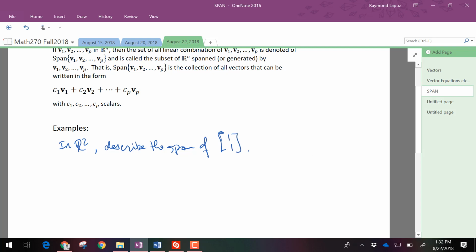So let's take a look at a span of only one vector. And for simplicity's sake, let's take a look at the span of only one vector in R2. And let's pick a nice easy vector like 1, 1. What is a span of 1, 1? Just a line in R2.